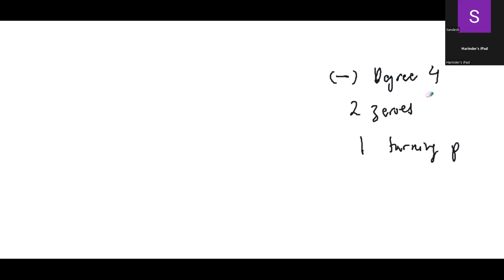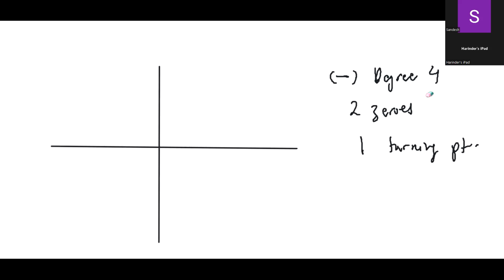So negative leading coefficient, degree is 4, 2 zeros and 1 turning point. So these are the conditions. I'll give you an axis if you want. I'll give you a hint.